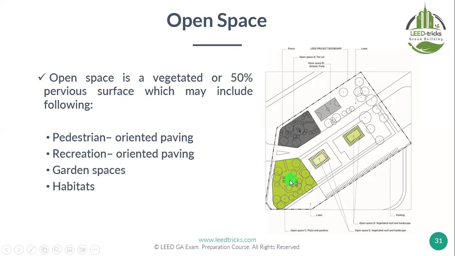It doesn't mean it must be green; it may be gravel or any natural element for the hardscape and landscape, but at least 50% pervious. Again, pervious means water will be absorbed, will infiltrate, rather than run off. This is open space.